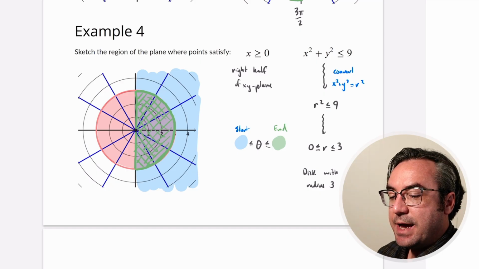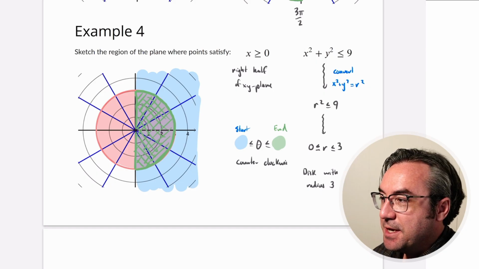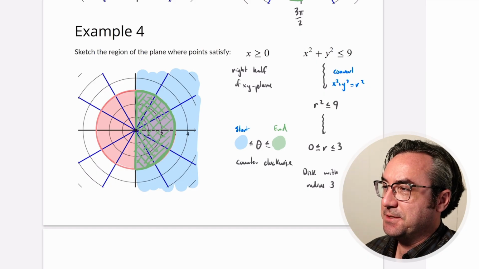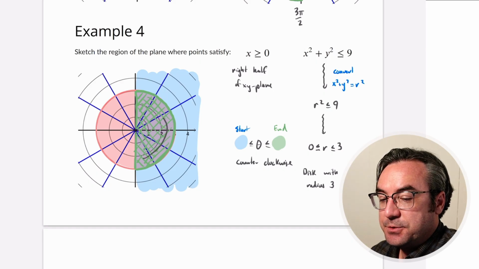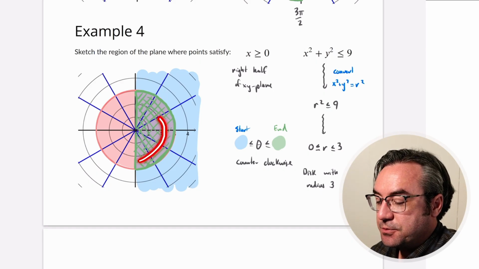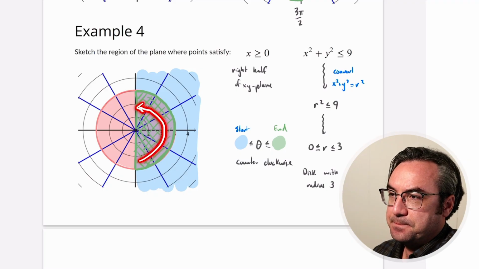So we want to figure out what's the starting angle and what's the ending angle. And while we do this, we have to remember counterclockwise rotation. The default setting in polar coordinates is that we're going counterclockwise. So we want to imagine tracing through this region that we just sketched out counterclockwise.